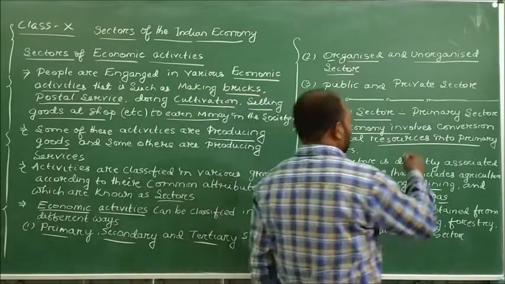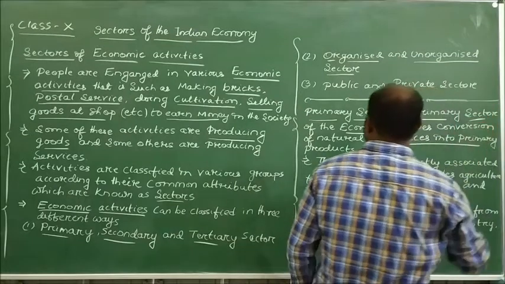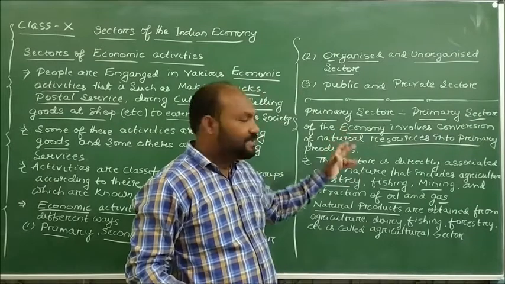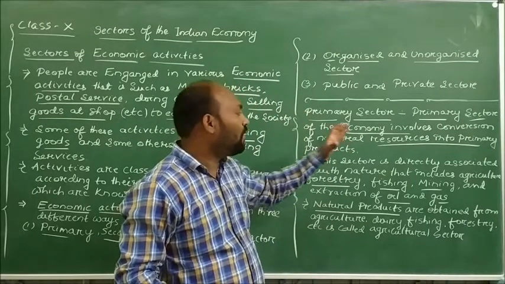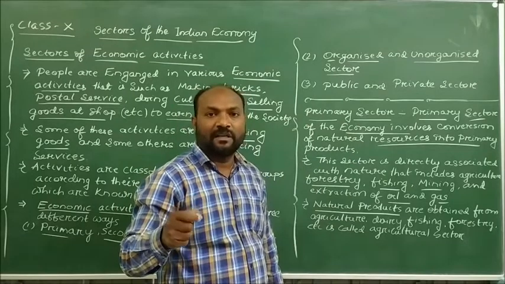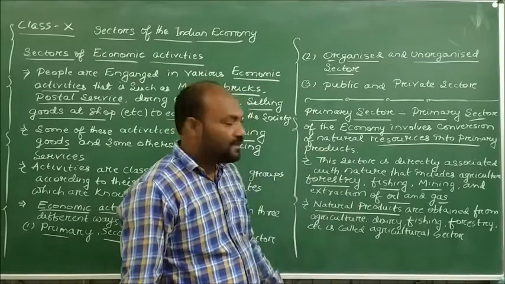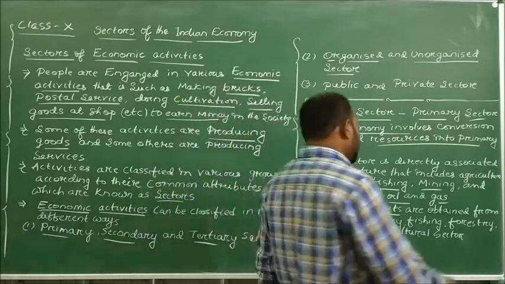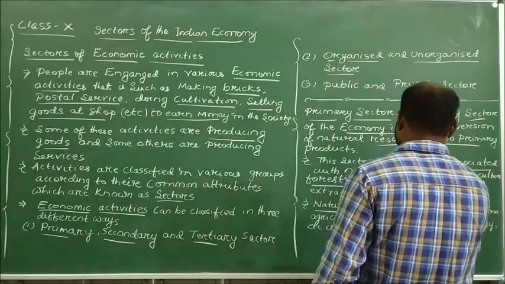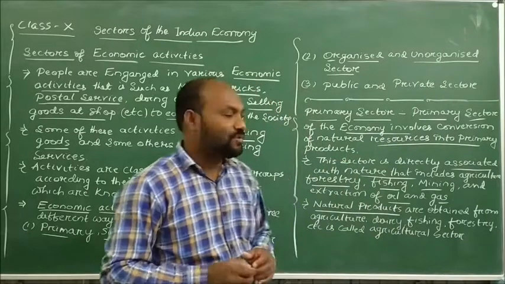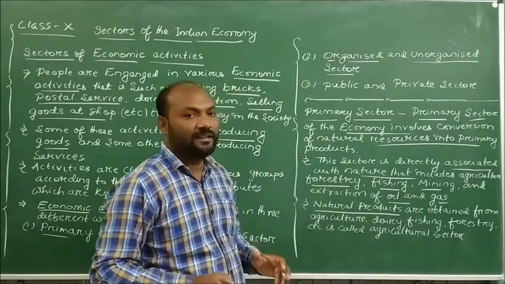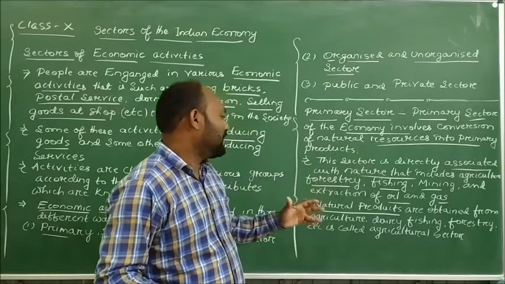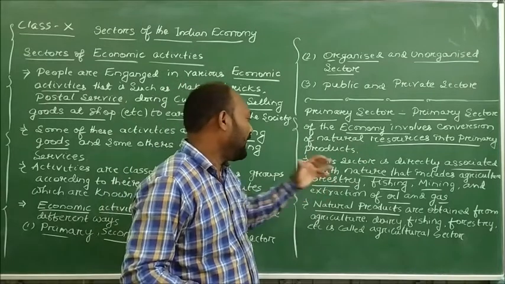So dear students, the primary sector involves economic activities in which we utilize natural resources. This primary sector is directly associated with nature as well as with agriculture, such as forestry, fishing, mining, and the extraction of oil and gas.